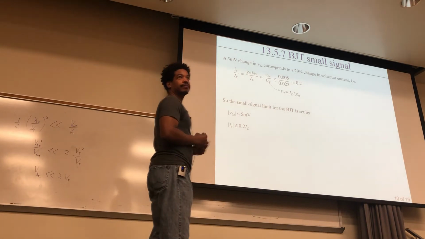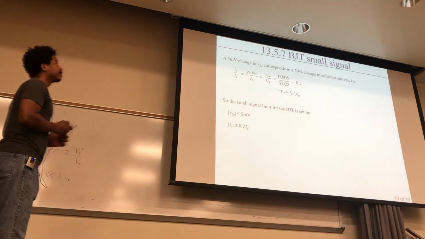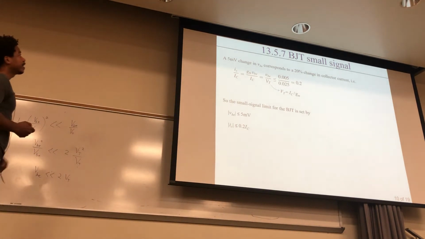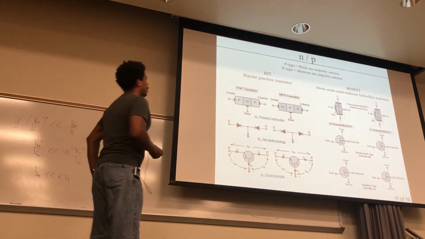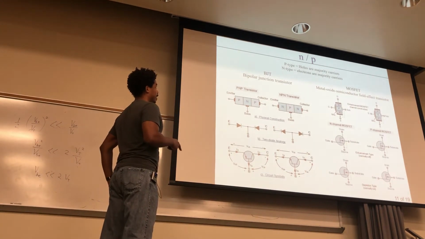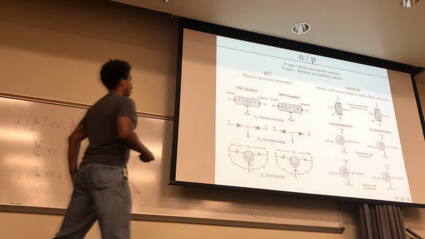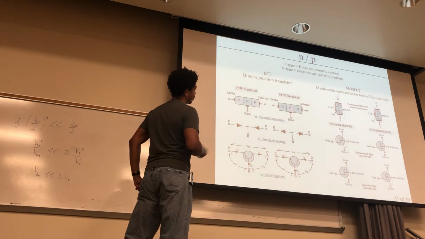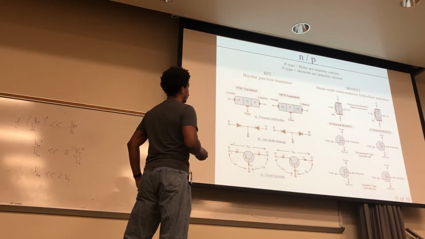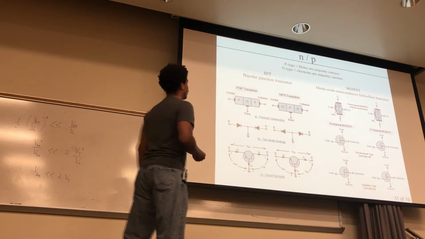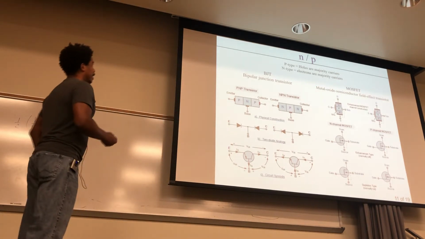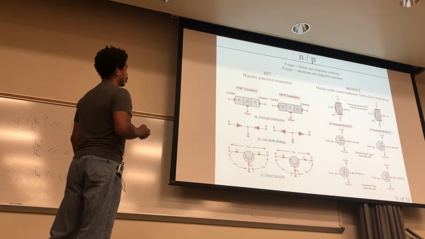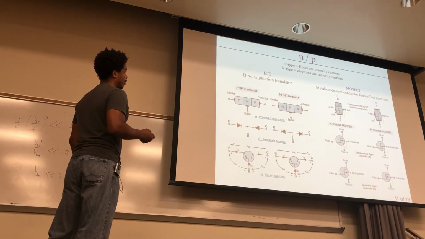Any questions about that? Alrighty. Now let's look at the differences between N-type and P-type for these transistors. I know this is a review from digital electronics, so I just want to remind you what this stuff looks like. Here's the bipolar junction transistor. Here's the metal oxide semiconductor field effect transistor.